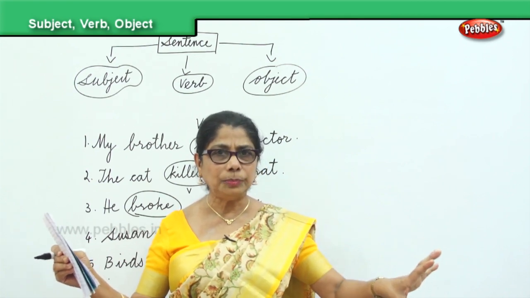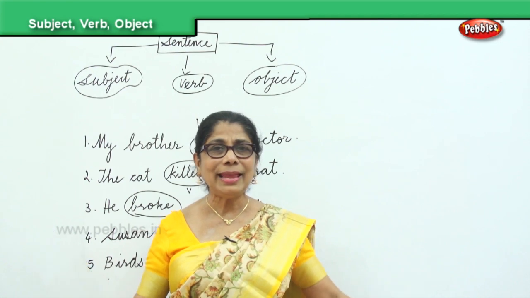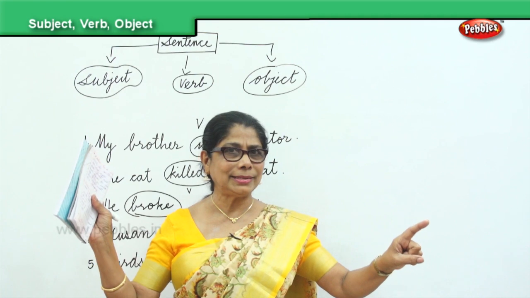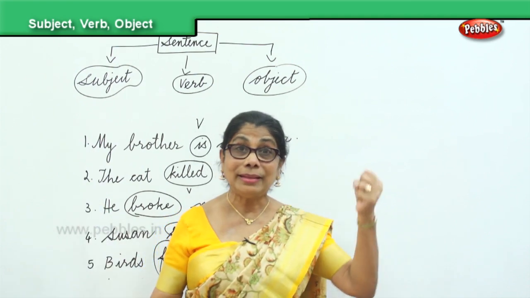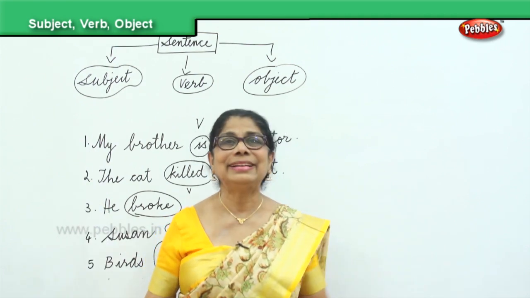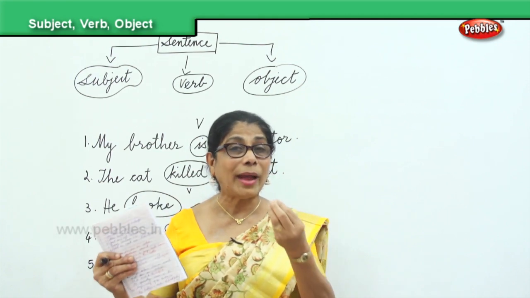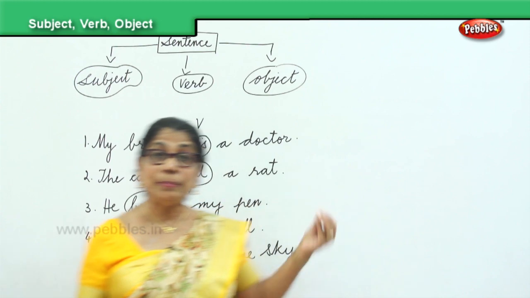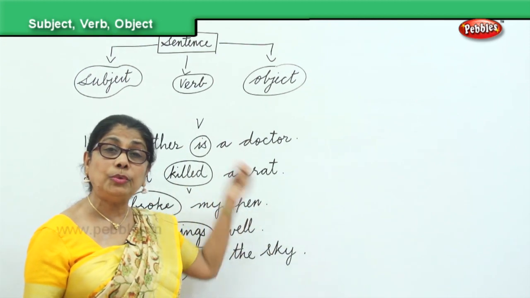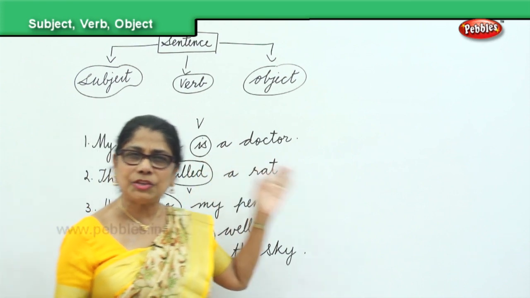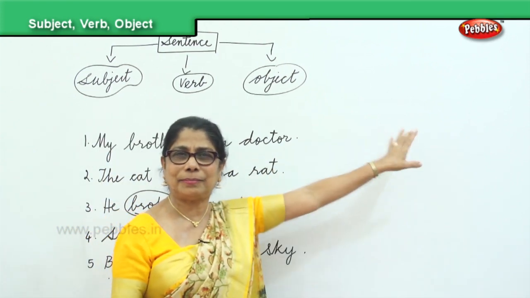Mouse is the object. Or you can say, the snake caught the rat. Snake is the subject. Caught is the verb. The rat is the object. So now you know how to identify them. The subject is almost always at the beginning, and the subject does some action. And that is the object. Okay?